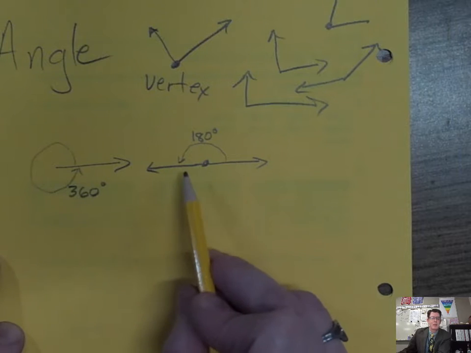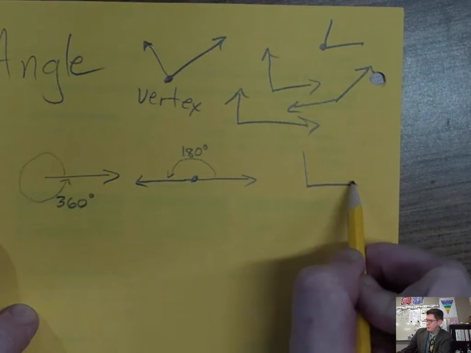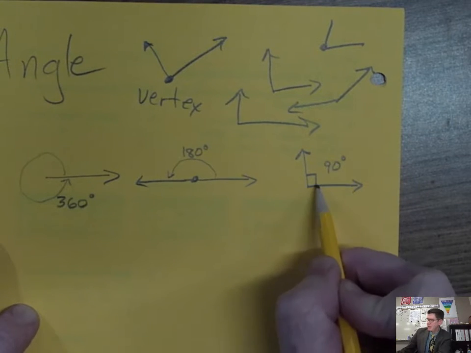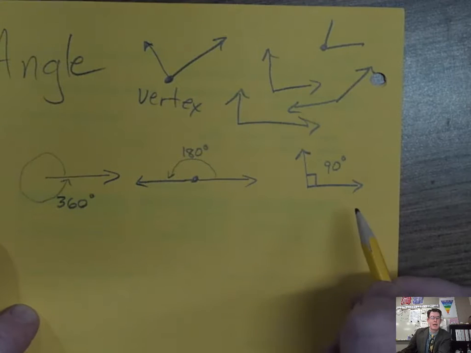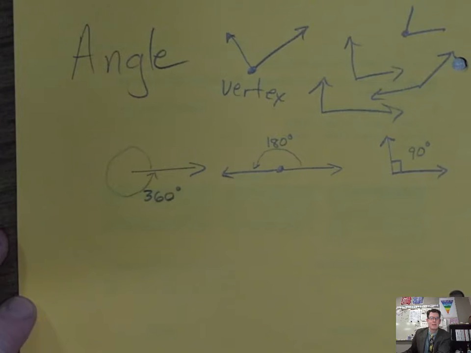So 360, half of that, half of this is 90 degrees. And you'll see 90 degrees denoted with a little box in there, saying that it is 90 degrees.